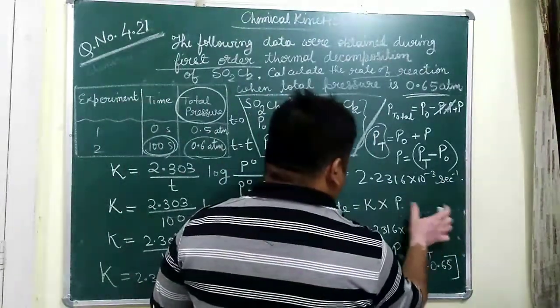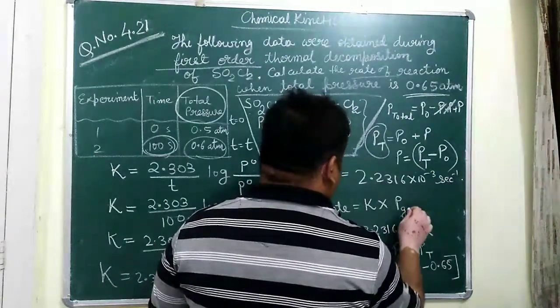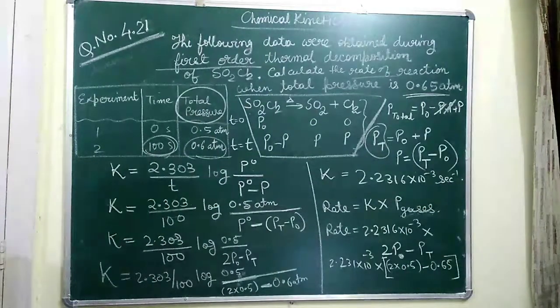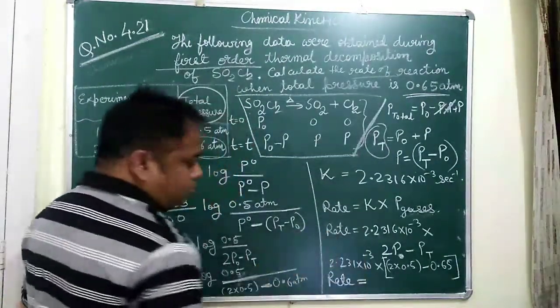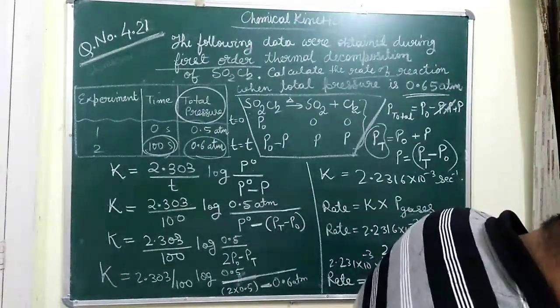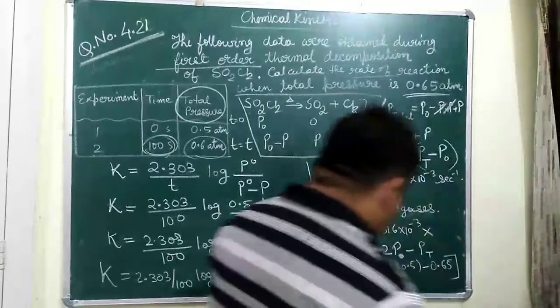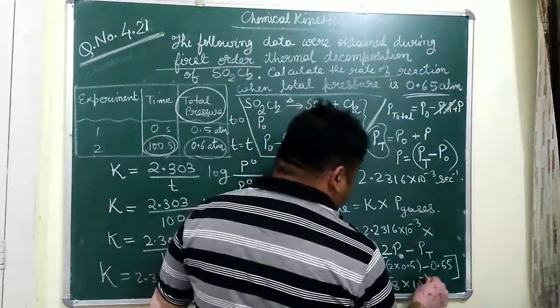This will be P only. So the rate will come out to be 7.8 into 10 to the power minus 4 per second.